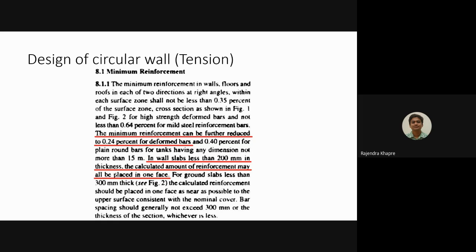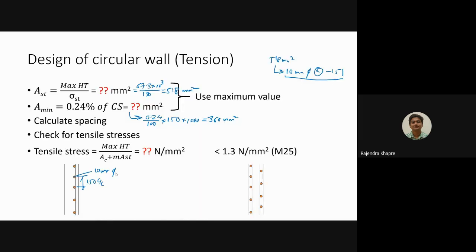So in place of providing the reinforcement on both the sides, we can also provide the reinforcement on the one side itself. So one way of providing the reinforcement is 10 dia bars at 150 center to center, which is shown on the left hand side. Otherwise you can provide the reinforcement on both the sides.